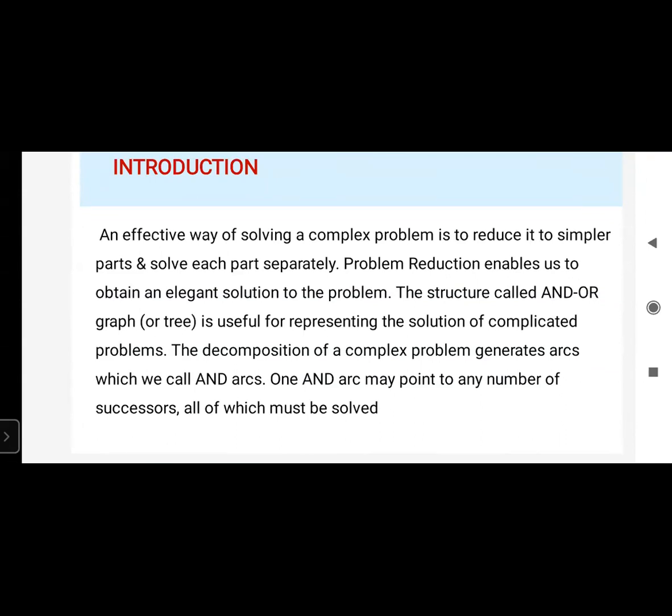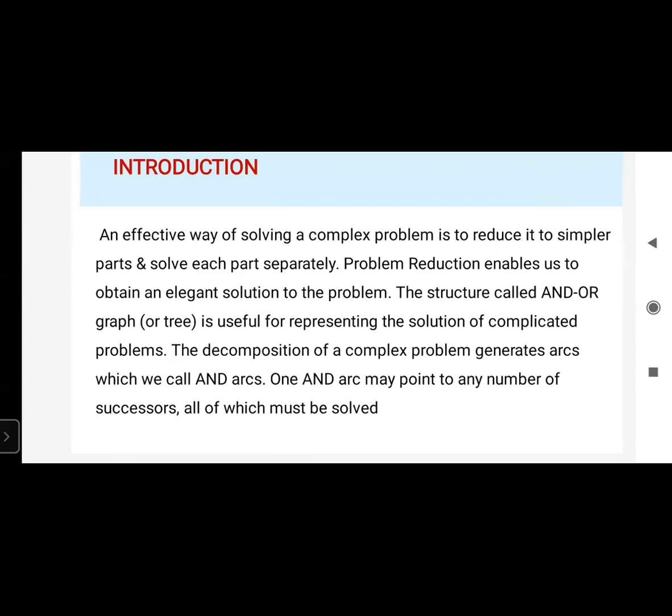And after solving those, we need to add all those solutions and get the final solution. So this is an effective way. An effective way of solving a complex problem is to reduce it to simpler parts and solve each part separately. After getting the answer, we're going to merge all those.